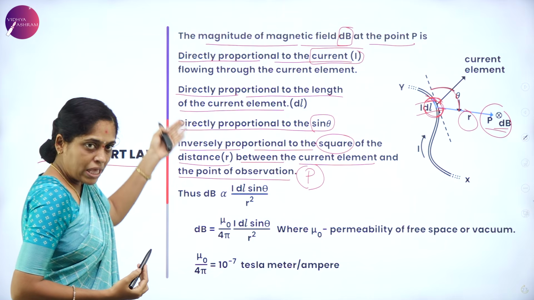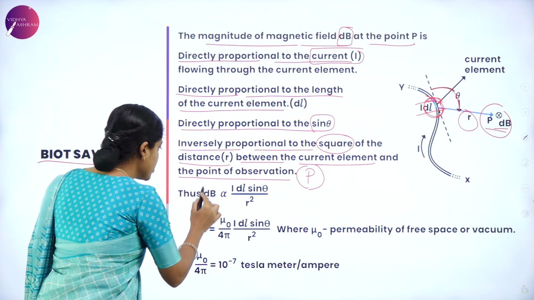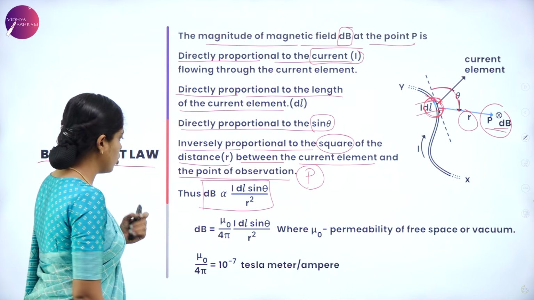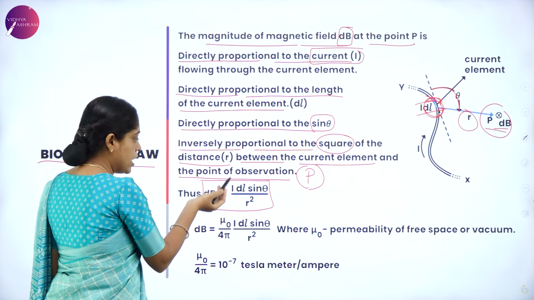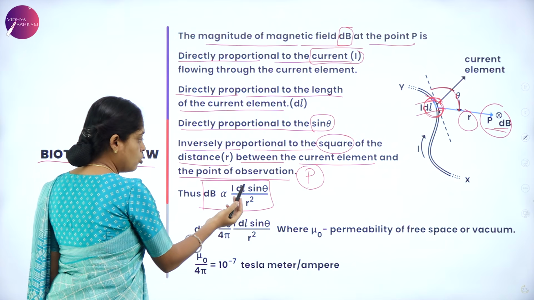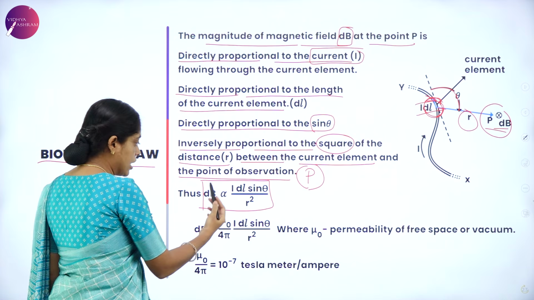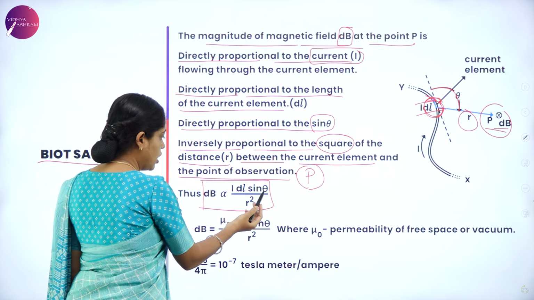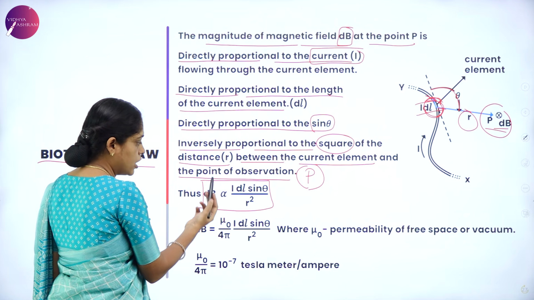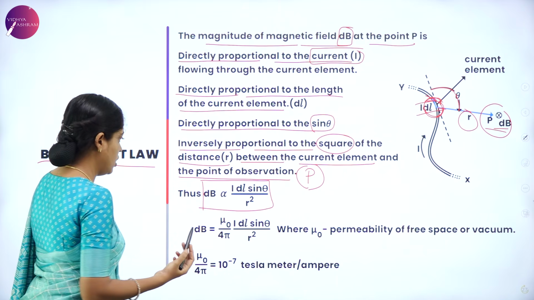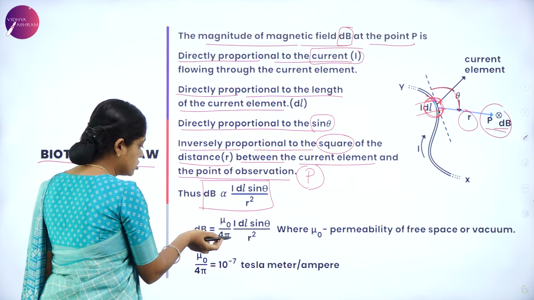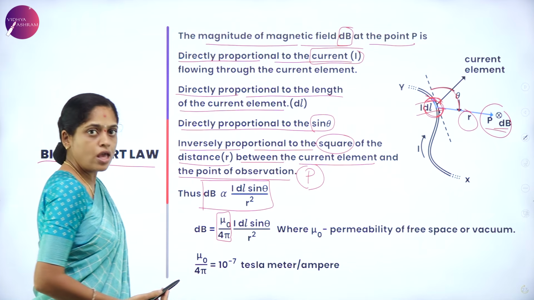Now, the expression for the Biot-Savart's law is that dB is directly proportional to current, directly proportional to length of the current element, directly proportional to sine theta, and inversely proportional to square of distance between the current element and the point P, where the proportionality is replaced by a proportionality constant. The constant is mu naught by 4 pi.